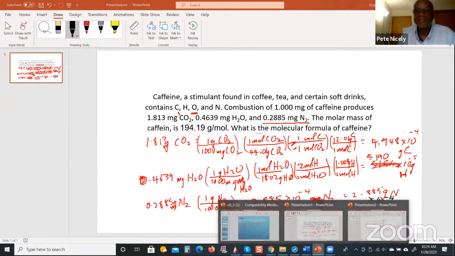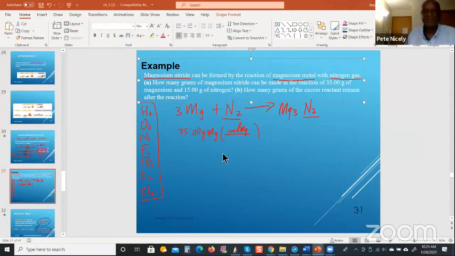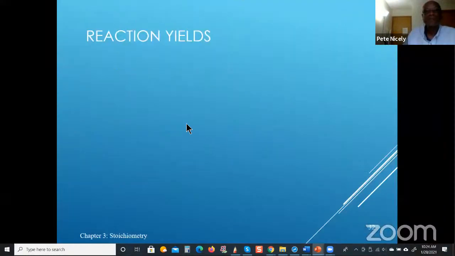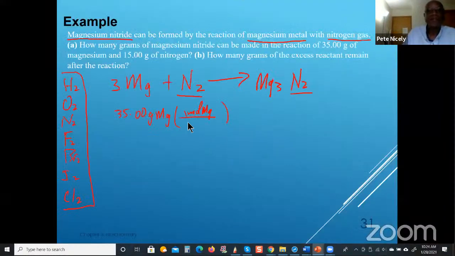Okay, so this is 24.30 grams of magnesium. And then the next step would be the mole ratio between the magnesium and the product. And based on the numbers here, 1 would be here.